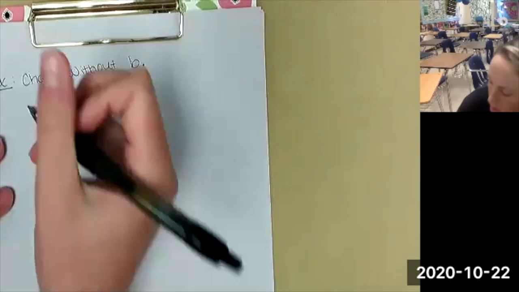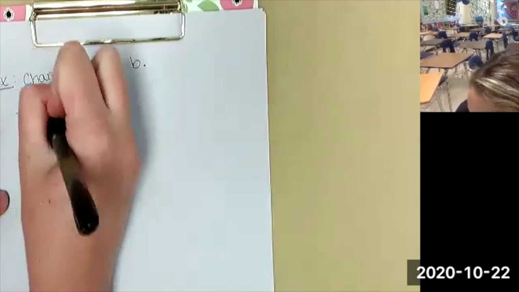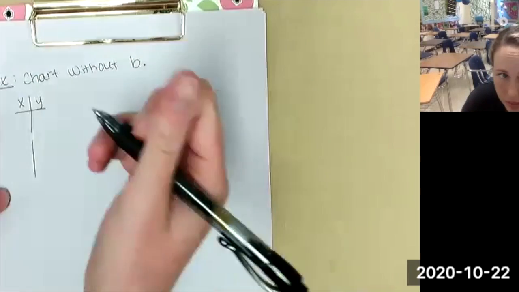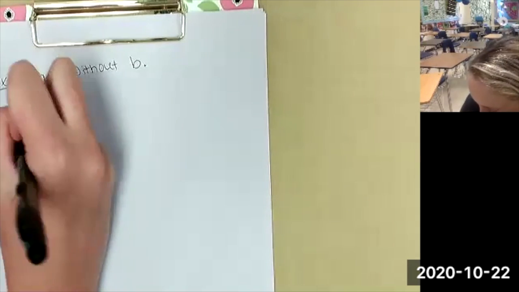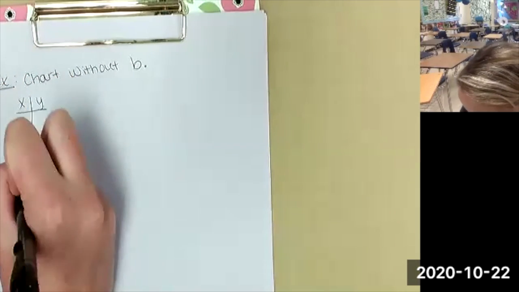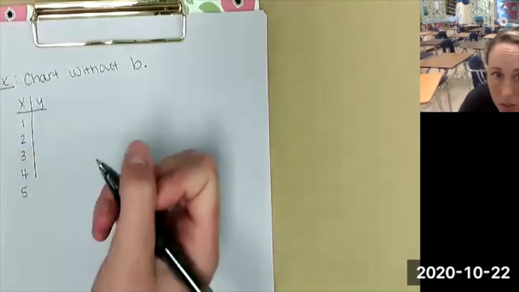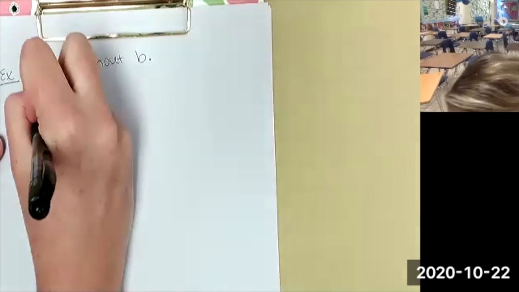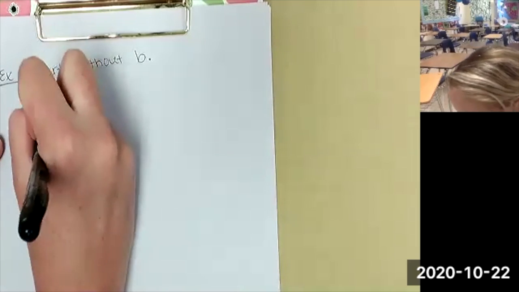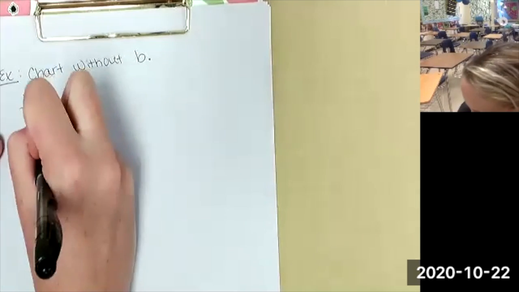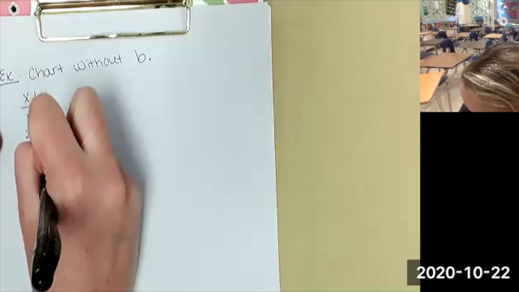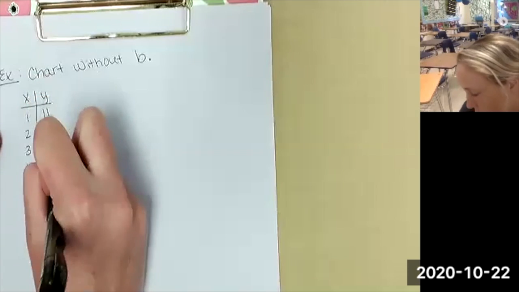Okay, so let's do a vertical chart this time. We've got 1 through 5 on the left side. And 11, 15, 19, 23, 27.